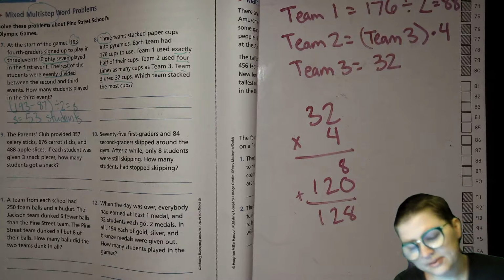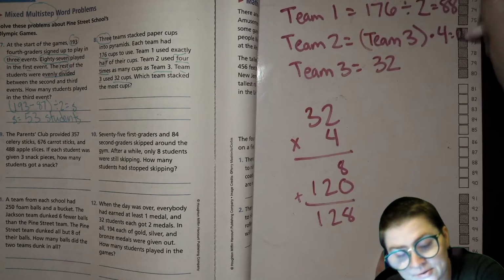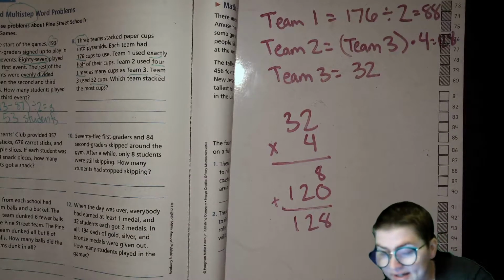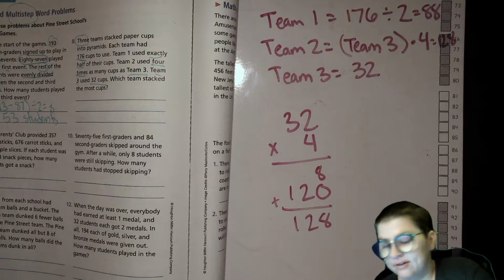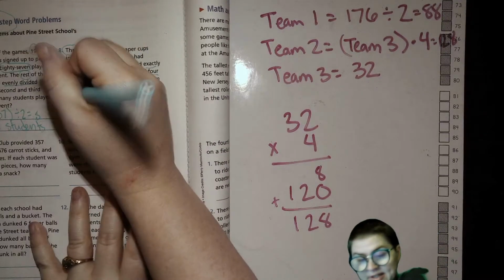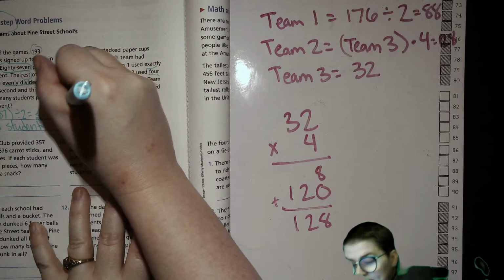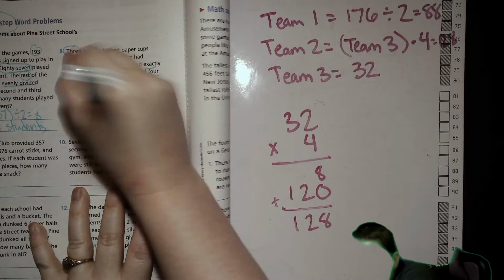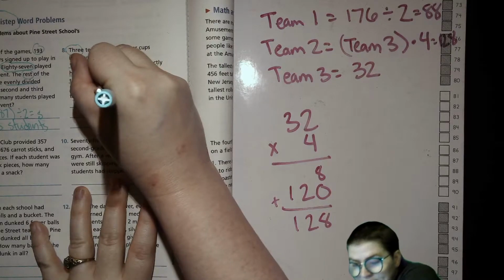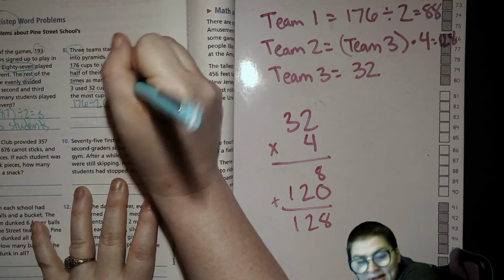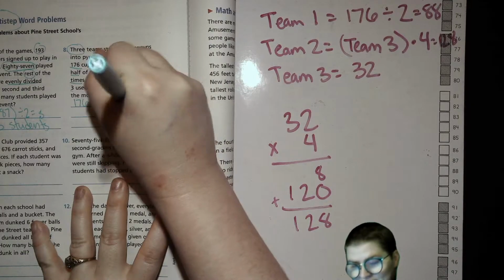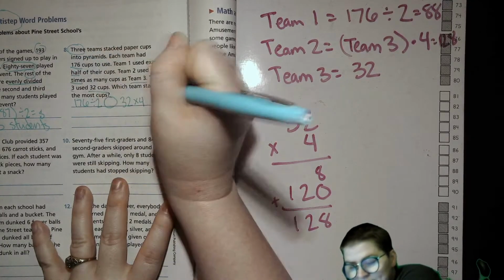Okay. So 128. That's kind of hard to see, right? But that's okay. So what we did was we did 176 divided by 2. And then we compared that to 32 times 4.